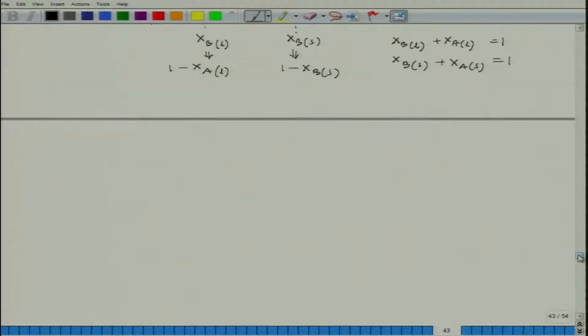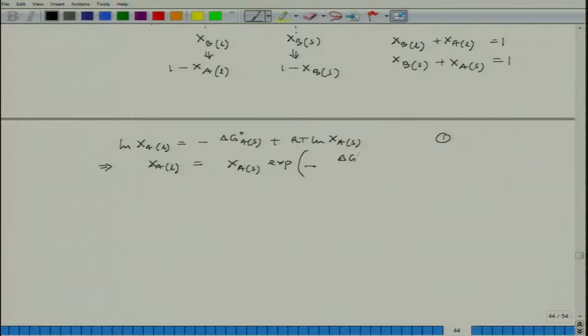For example, if we see this particular equation number 1, which is RT ln XA L equal to minus delta G0 A solid plus RT ln XA solid, which can be written in the form of XA liquid equal to XA solid exponential minus delta G0 A S by RT. This is equation 3.